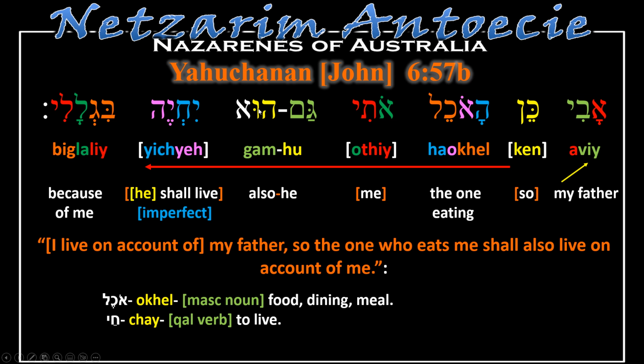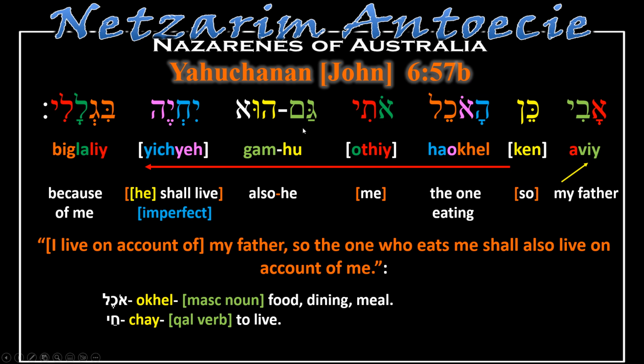Just one little point here. We see we've got an U sound, and therefore we only say the vowel mark there. And the Aleph is white, meaning we don't pronounce it. So let's read. Avi, my father, ken, so, ha'okel, the one eating.